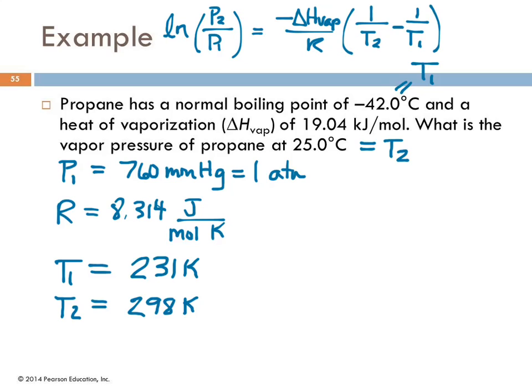So now we're going to have the natural log of P2 over 1 is going to be equal to the negative heat of vaporization, so 19.04. This isn't going to fit at all.